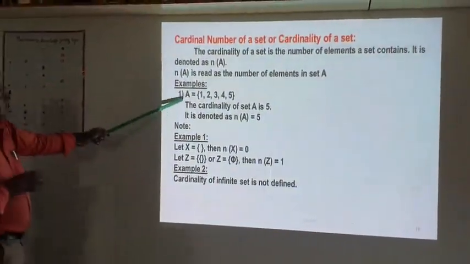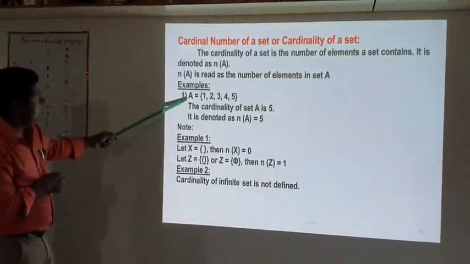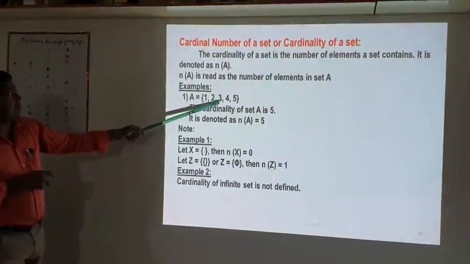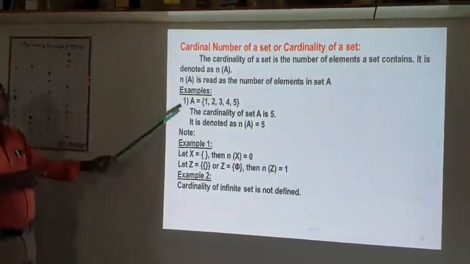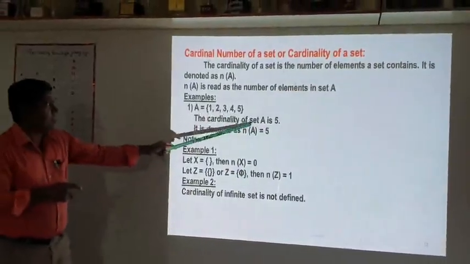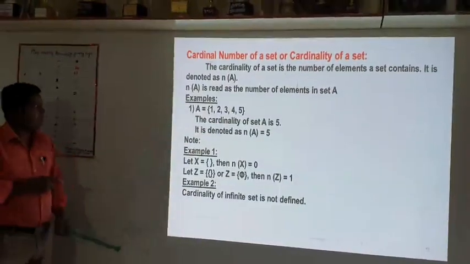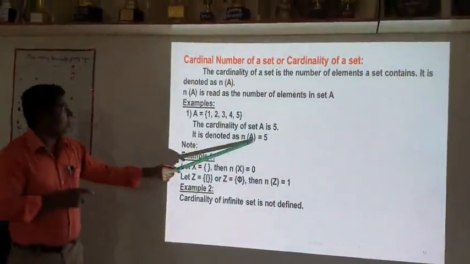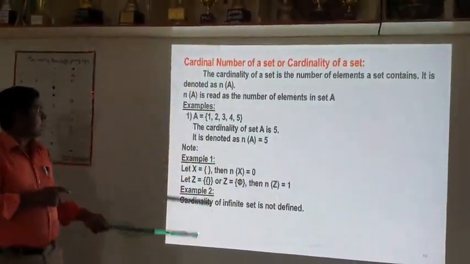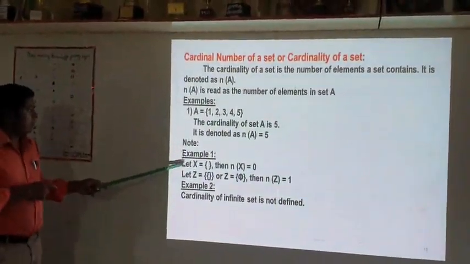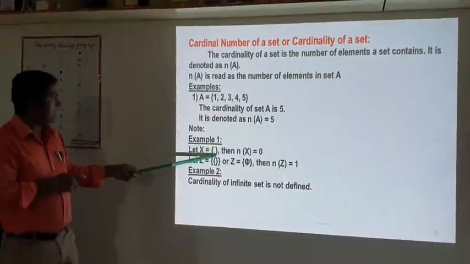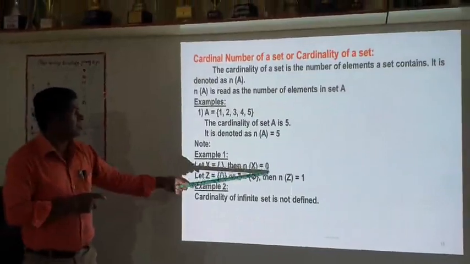See here one example, A is equal to 1, 2, 3, 4, 5. Then the cardinality of set A is 5. It is denoted n(A) is equal to 5. See another example, let X be the empty set. Then n(X) is equal to 0.